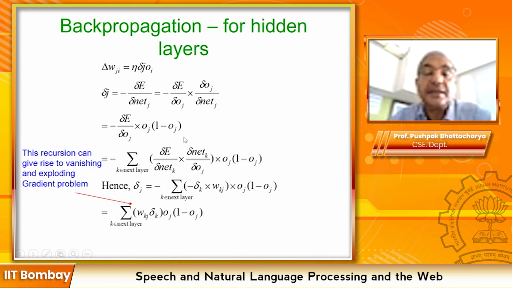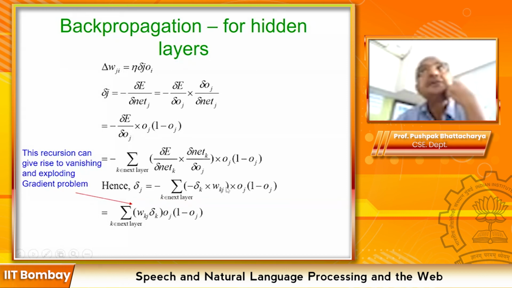Implementation is hardly anything. It is just two weight change rules, one for the output layer, one for the hidden layer. And these are simply two equations. So maybe 15-20 lines of code to arrange for all kinds of variables, declarations, initialization, etc. will be required. But otherwise, it is a very simple algorithm to code.